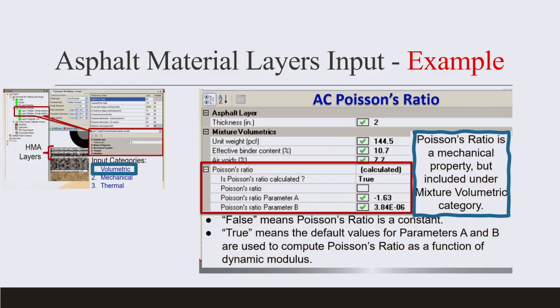So, what is Poisson ratio? I am asking this question in my foundation class. This is not for the old people. In my foundation class at the university, I normally ask them to give me the typical Poisson ratio of soils.